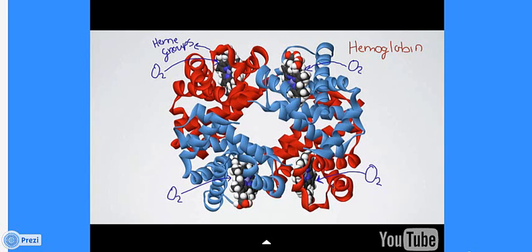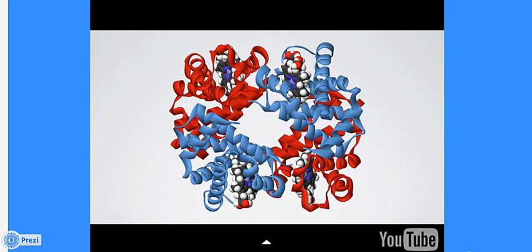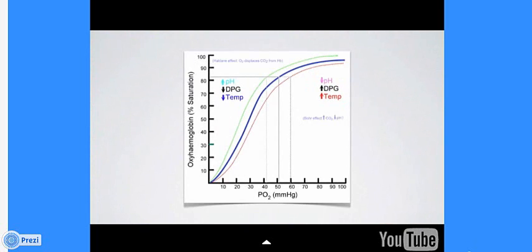And as a result of this, we get a relationship that is shown in this oxygen dissociation curve. And what you can see here is we're going to be looking at this blue line. And as you can see here, it's not a linear relationship.